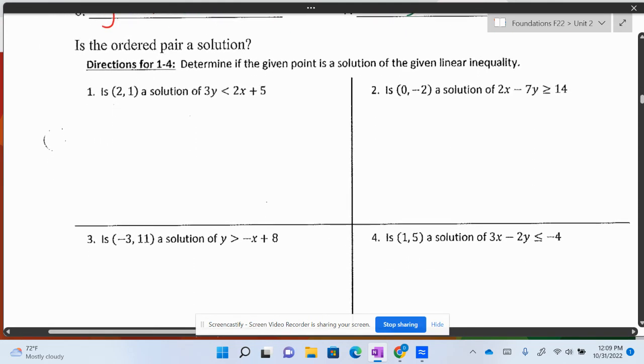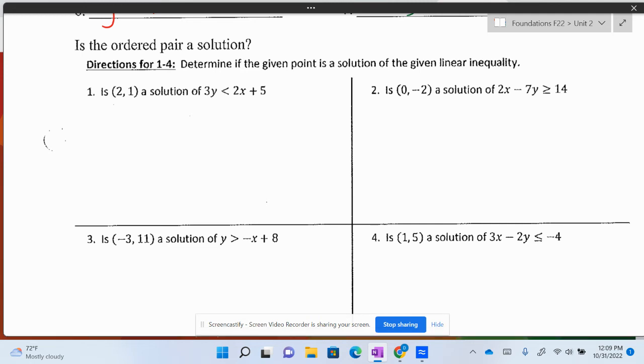Sometimes you're going to be asked if the ordered pair is a solution. This is no different than plugging in an ordered pair for an equation. It's the same concept. You just replace the x and the y with the ordered pair coordinates.